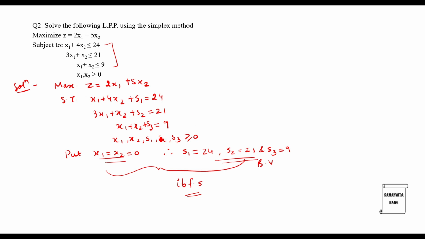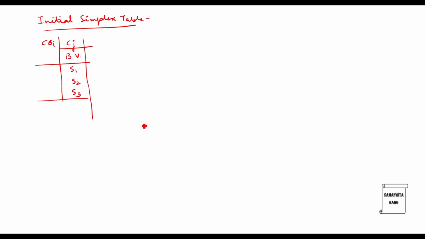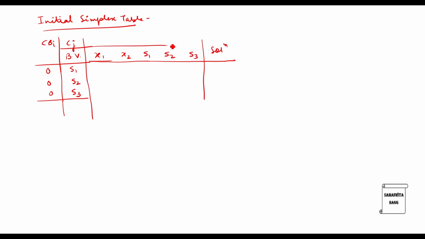These three are also there, so you can also add them in the equation of Z. Next, I will write down the coefficient of each of them from the equation of Z, that is 0. The variables that we have in the equation of Z are x1, x2, s1, s2, s3. Next is a column of solution.